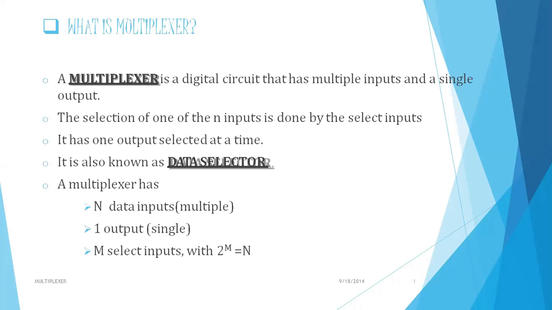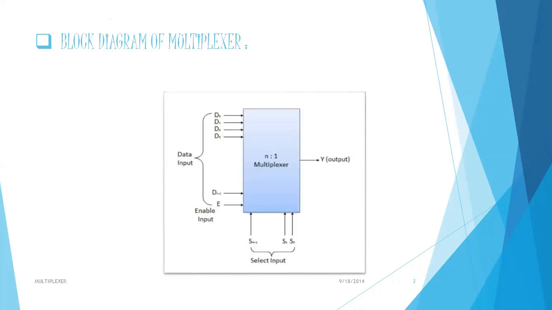So normally we take 2 power n input lines and n selection lines. If there are 8 inputs, that is 2 power 3, we require 3 selection lines. This is the multiplexer. We pass n inputs and it produces only one output.